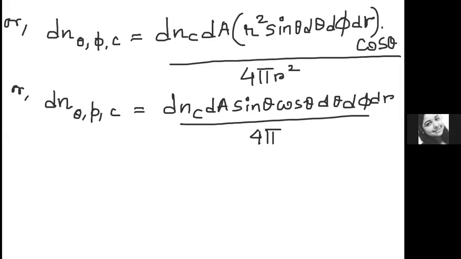This expression gives the number of molecules moving towards dA with velocity between c and c plus dc and direction between theta and theta plus d theta and phi and phi plus d phi, and from a distance r. So you all write down this expression in your respective copies.